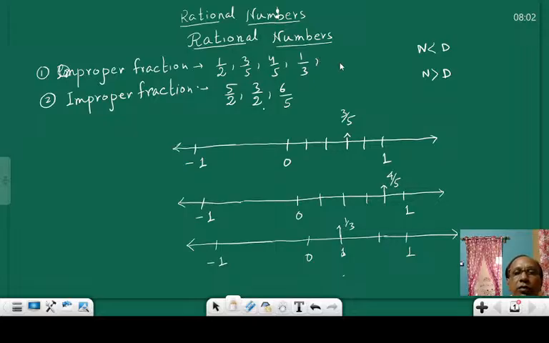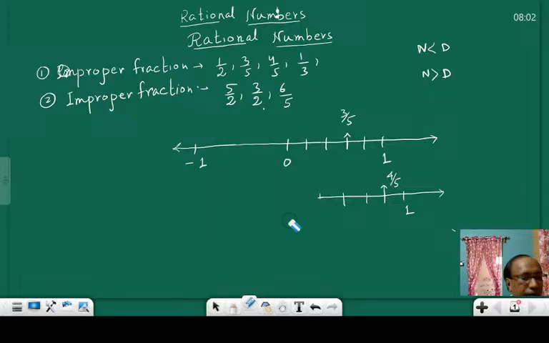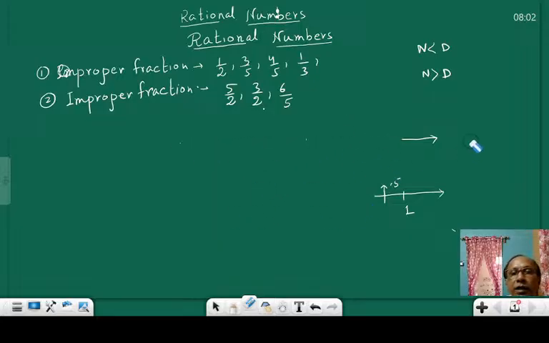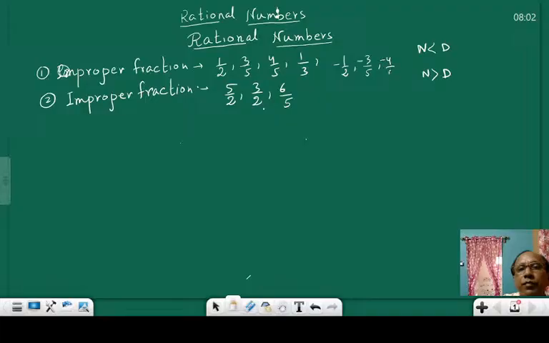Now, if we try to represent negative numbers, how can we do this? You can do this in this way: if it is a negative number, we can also do it between 0 and minus 1, right. Suppose it is minus 1 by 2, or minus 3 by 5, or minus 4 by 5, and minus 1 by 3.